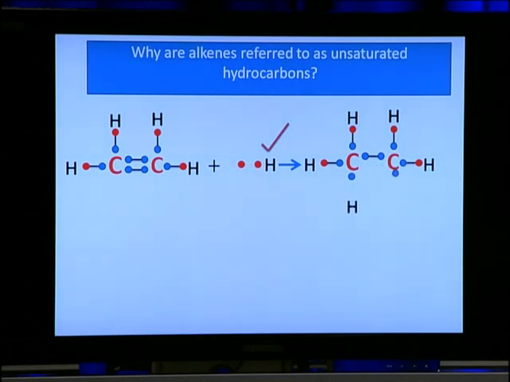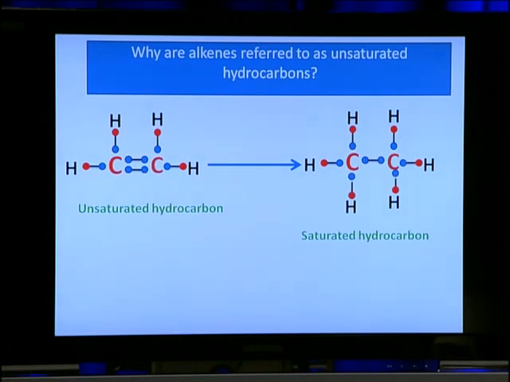One of the hydrogens goes there and gets attached to this carbon. A new bond is formed. Likewise, this hydrogen gets attached to that second carbon atom. A new bond is formed. And finally, we have a saturated hydrocarbon produced from an unsaturated hydrocarbon through the addition of hydrogen atoms.